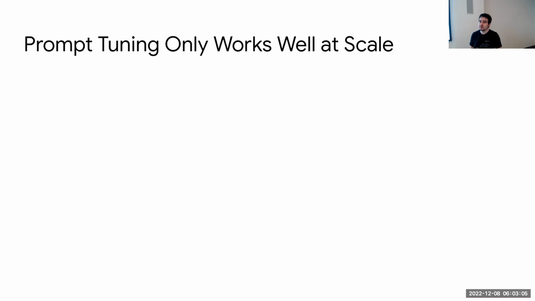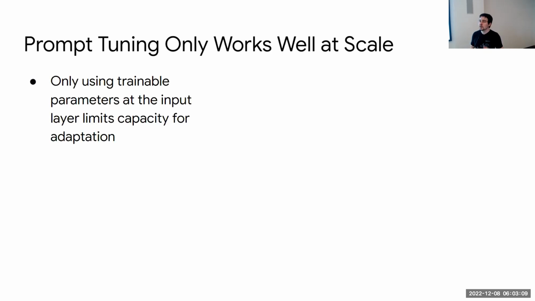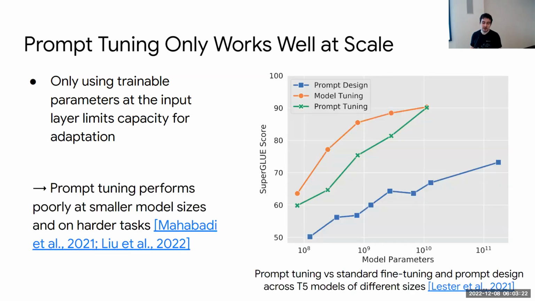However, one downside that people have found with prompt tuning is that, because the only way you interact with your model is at the input layer, the capacity available to your model to adapt to the task is quite limited in practice. Because of this, prompt tuning, where we add a continuous prompt in the input, has mostly been effective at the larger scale of models.